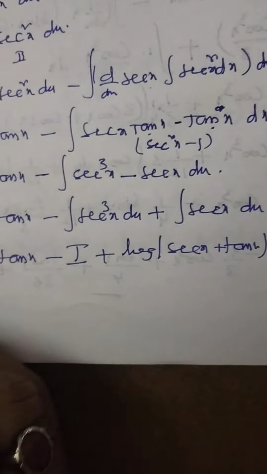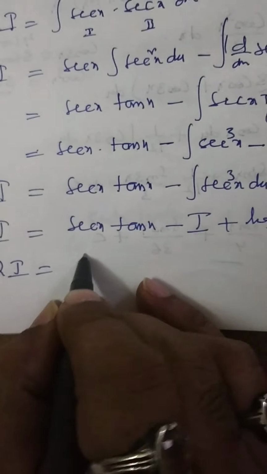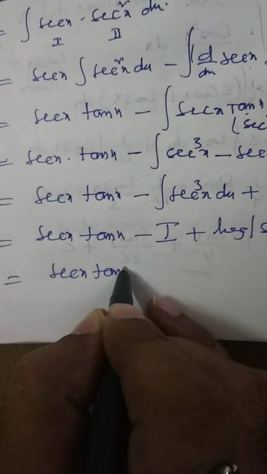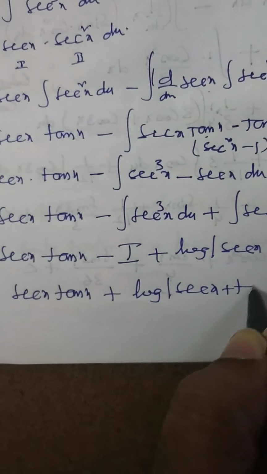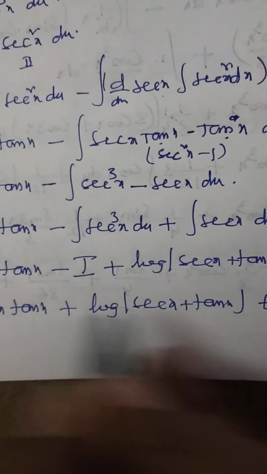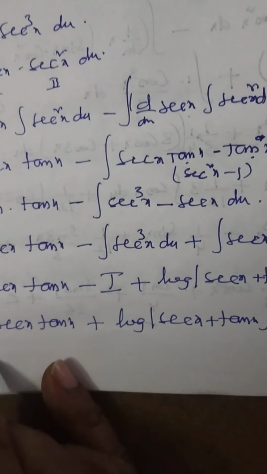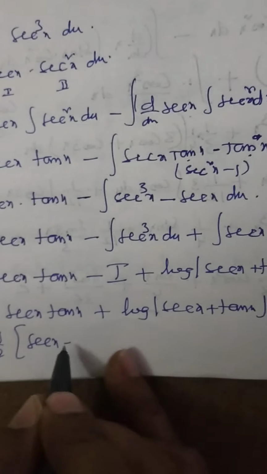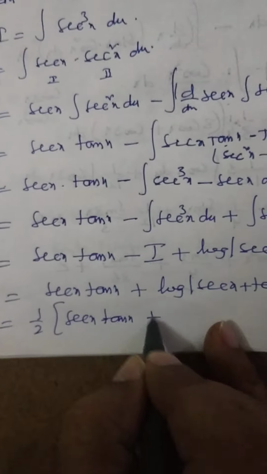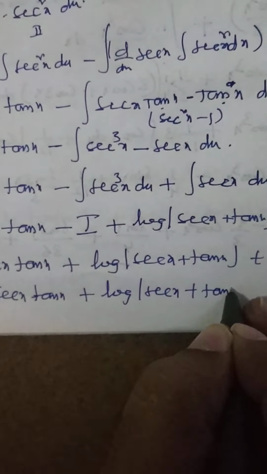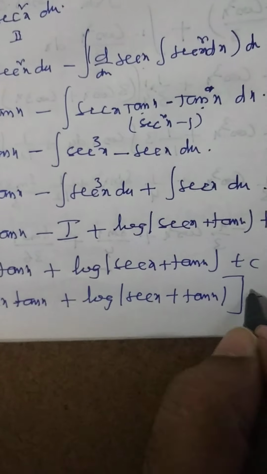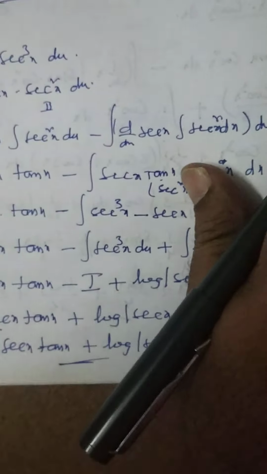So take this I this side. So 2I is equal to secant x tan x plus log of secant x plus tan x plus c, nothing but I is equal to half of secant x into tan x plus log of secant x plus tan x plus c. So this is the final answer.